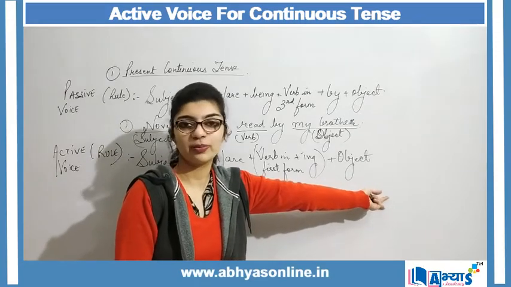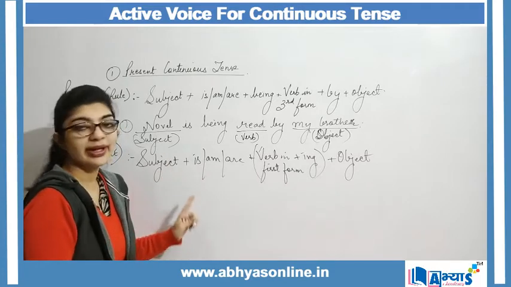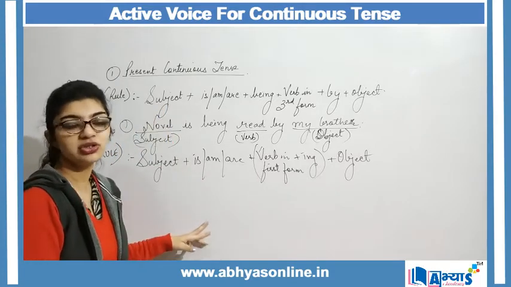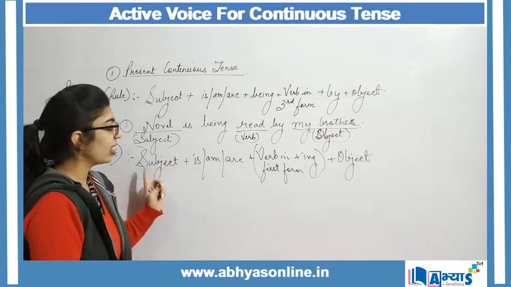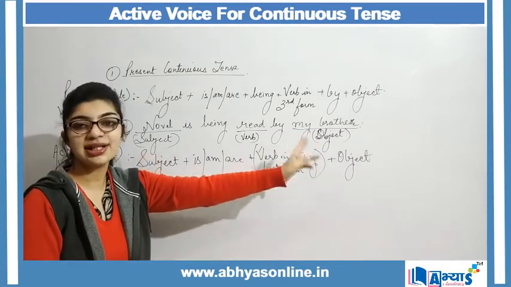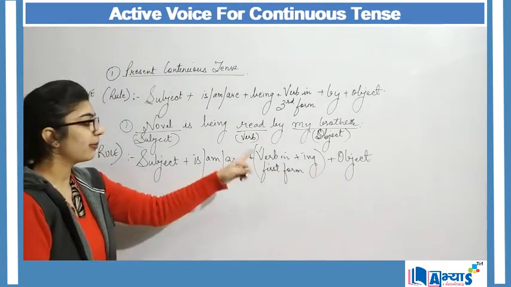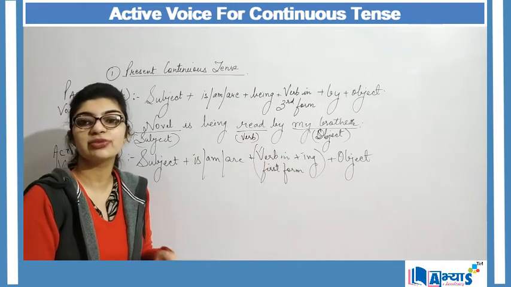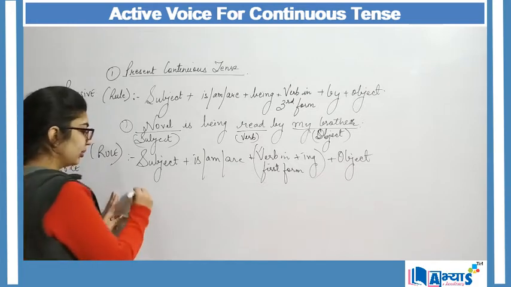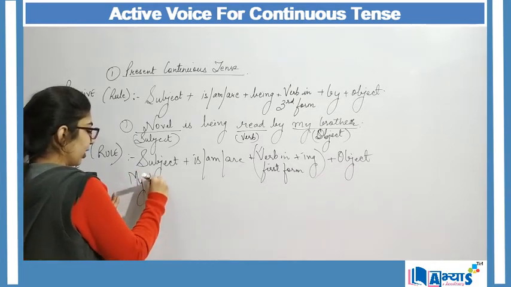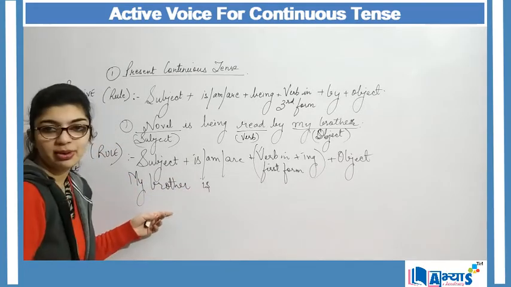So here one important rule is that whenever I am converting from one voice to another, the subject and object interchange each other. So if I'm taking my brother as an object in passive voice, while converting to active voice, my brother will act as a subject. So my sentence will now begin with my brother, because I'm just talking about a single brother.